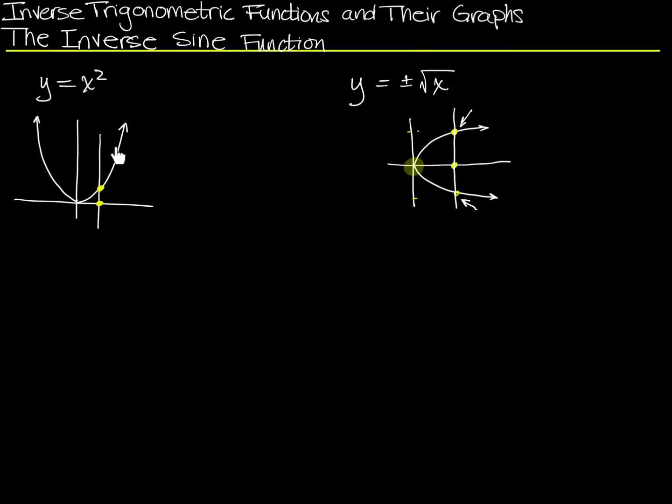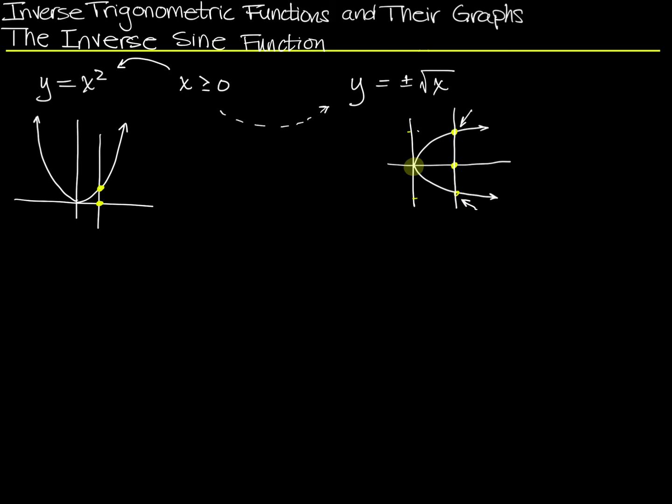Now, if I'm graphing and playing around with y equals x squared, and I don't care about whether its inverse is a function or not, then that's fine. I can just leave it as it is. But if I want to switch back and forth between the function and its inverse, then I have to say that x has to be greater than or equal to 0 for this function in order for me to be able to talk about its inverse.